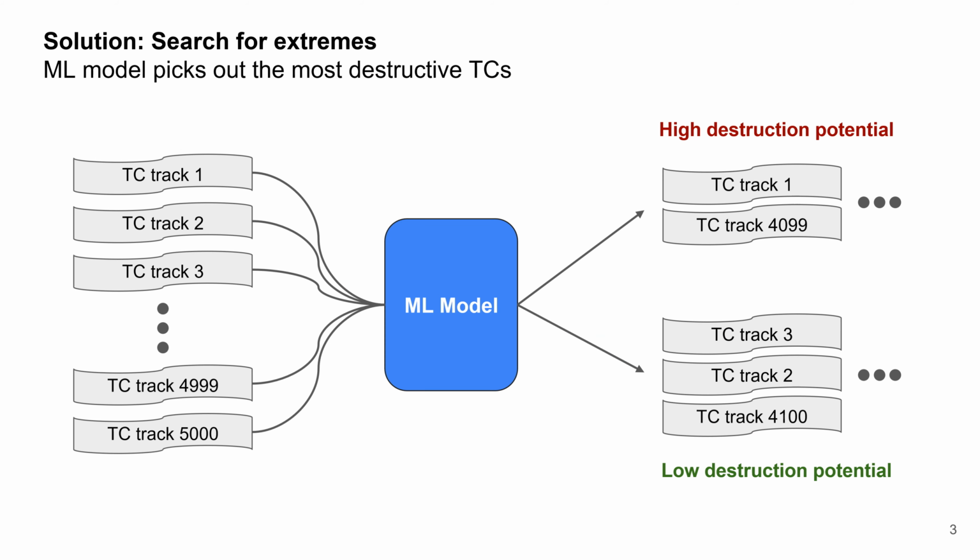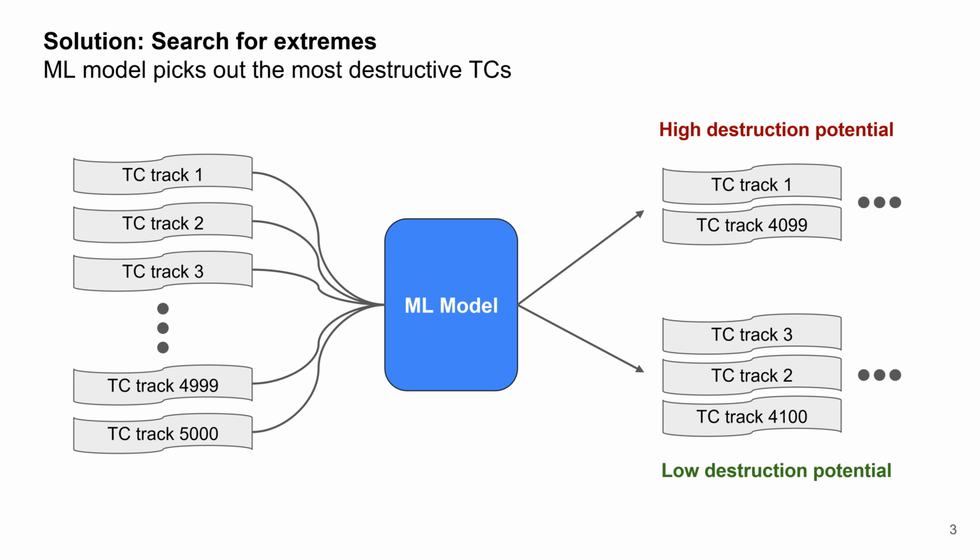So the solution that I worked on over the summer, and I'm continuing to work on right now, is making a machine learning model that takes thousands of input cyclone tracks, and from this input, it can figure out which tracks have high potential for destruction.